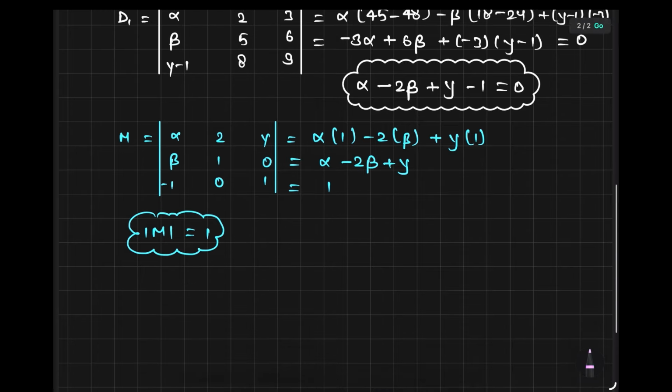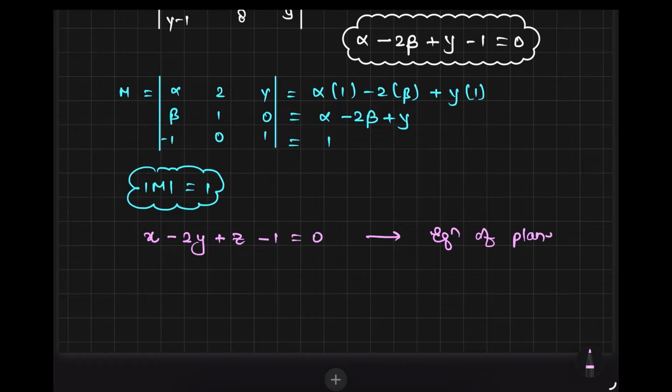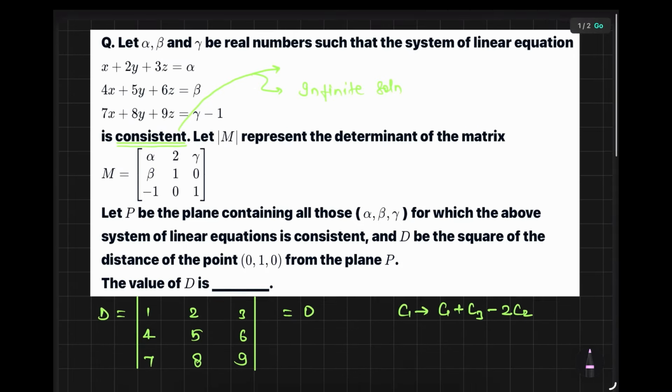So in place of alpha, I can write x minus 2y plus z minus 1 equals 0. This is your equation of the plane, and all alpha, beta, gamma will stay there, because they satisfy this equation.